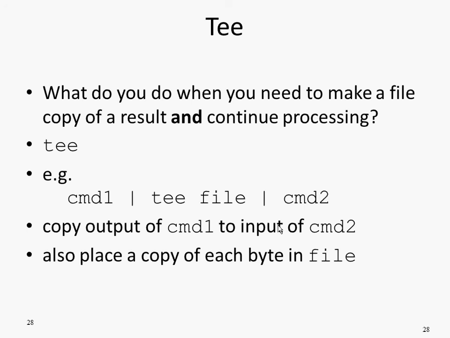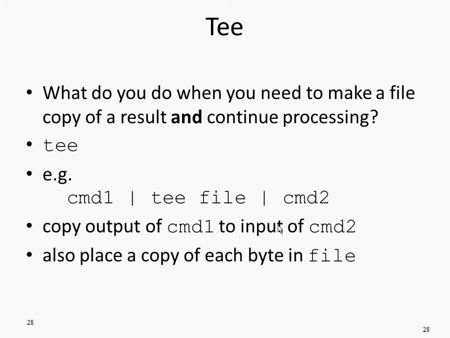Because the content might change. Exactly. So this is dealing with whatever is outputted by command 1. Maybe command 1 is cat, maybe command 2 is sort. In which case, this is going to be putting the sorted version into file, whereas this one, if this were cat and this were sort, would be putting the unsorted version into file.